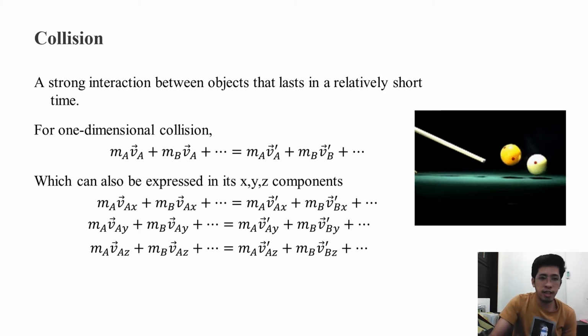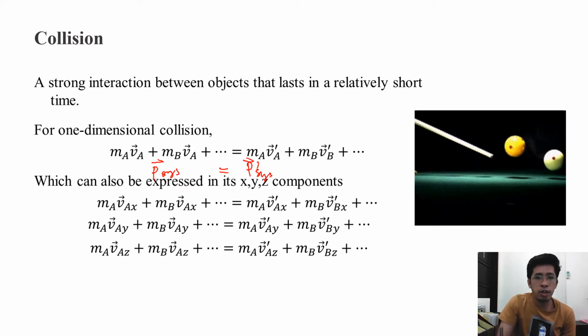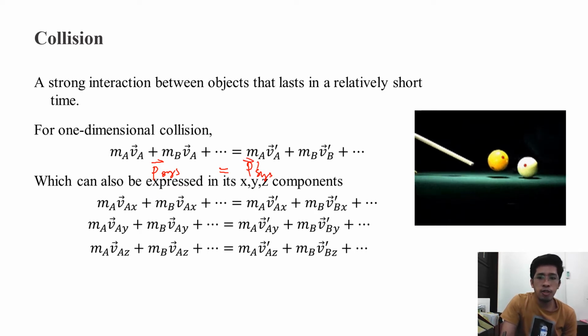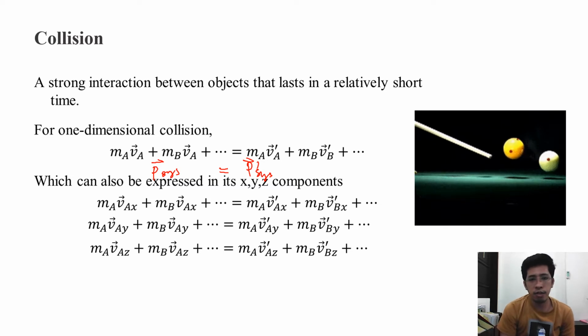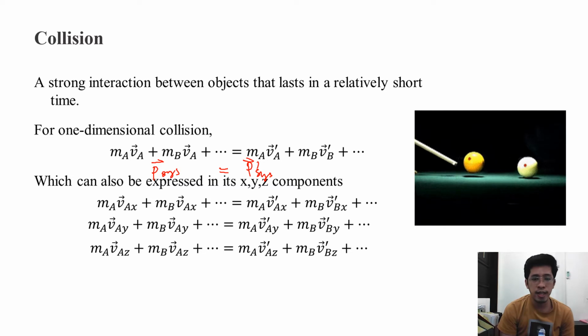This is just P system, the momentum of your system before the collision, which is equal to P system prime after the collision. Everything on the left of the equation are the before-collision quantities, and everything on the right are the after-collision quantities.